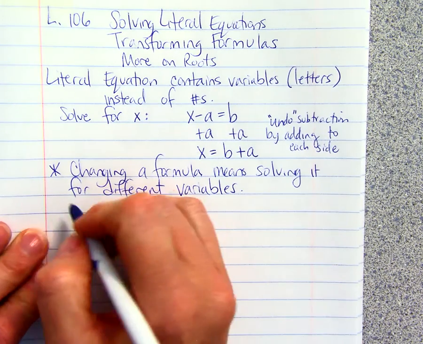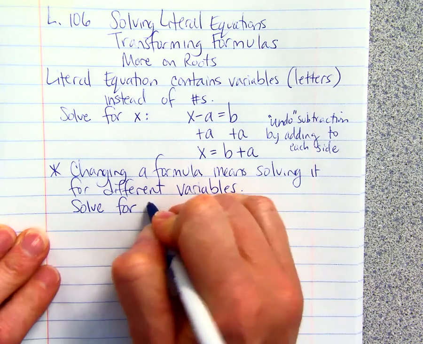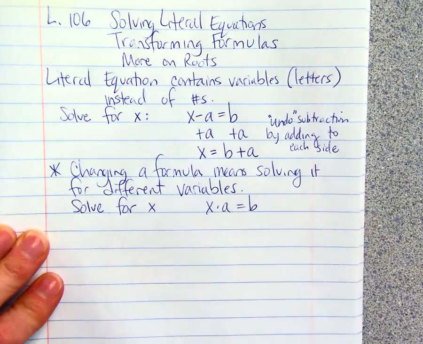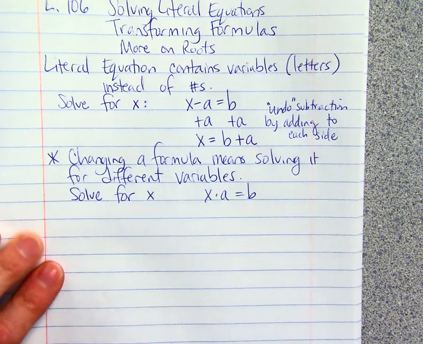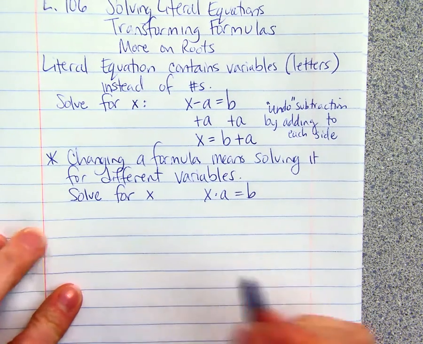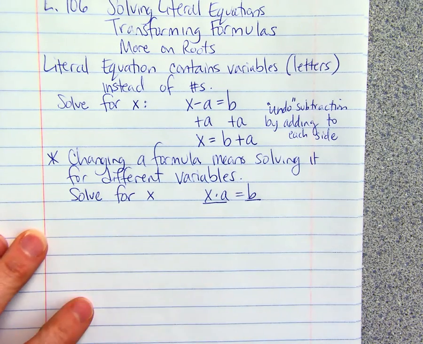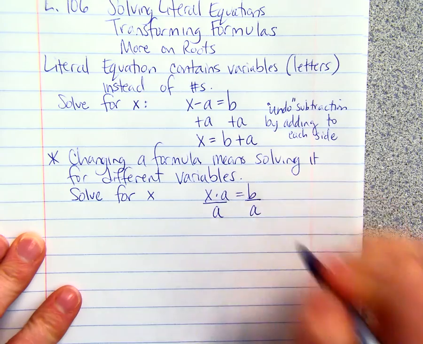So here's another one. Solve for x, x times a equals b. Now if something is multiplied, we want to undo multiplication by dividing. So when it's multiplied, you put a line under both sides of the equal sign and we divide by a.